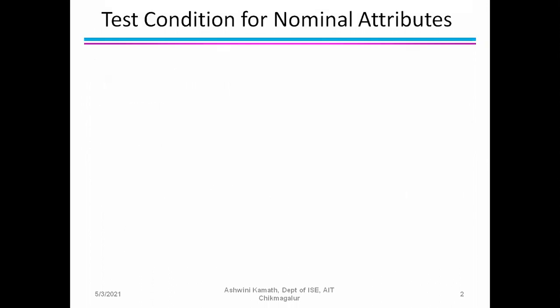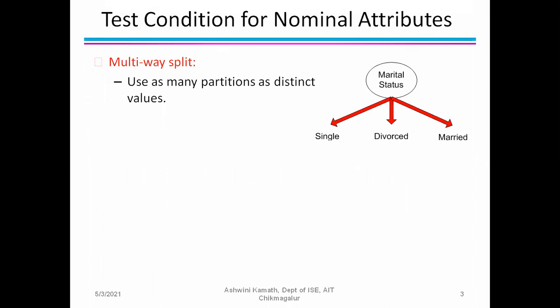Okay. So multi-way split. Multi-way split means use as many partitions as distinct values. That is, for marital status, in the last class we were discussing this example, that is to check whether a loan borrower is a defaulted borrower or not. That is whether he can repay the loan or not.